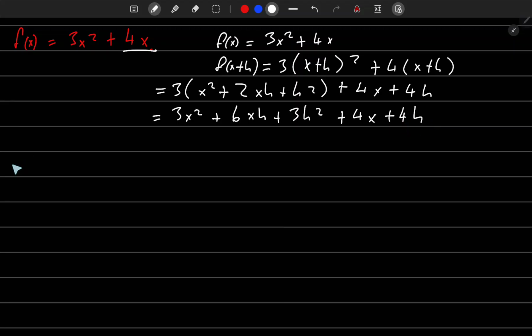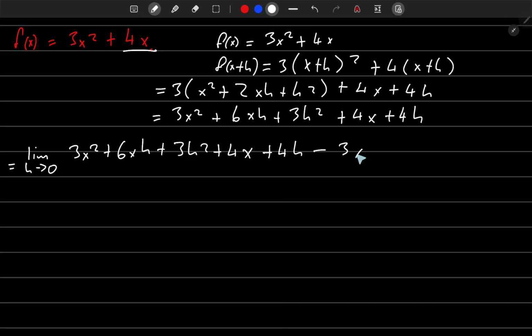So now we substitute this into our limiting formula. This will be equal to the limit as h approaches 0 of f of x plus h, which is this long expression: 3x squared plus 6xh plus 3h squared plus 4x plus 4h, minus f of x, which happens to be 3x squared plus 4x in brackets.